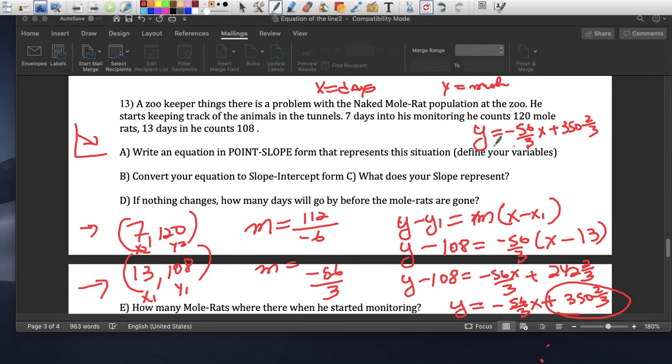So when y equals 0, we're going to move the 350 and 2/3 to the other side, and it's going to be 350 and 2/3 equals negative 56 over 3x, and we'll divide both sides by 56 over 3.